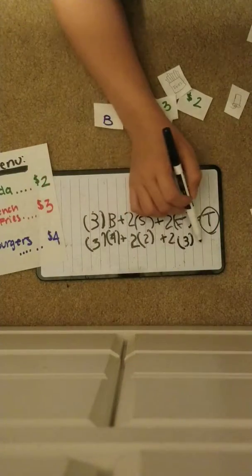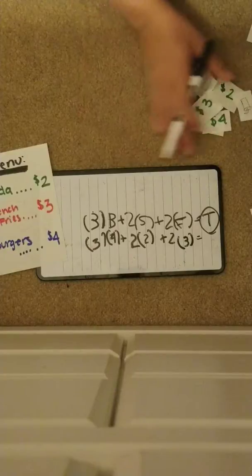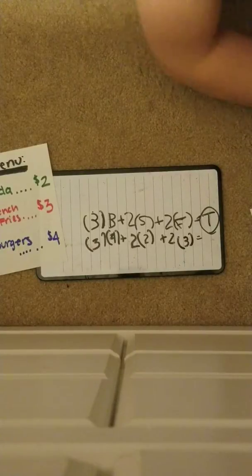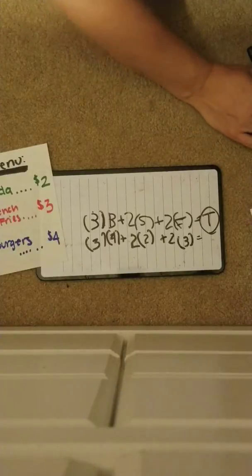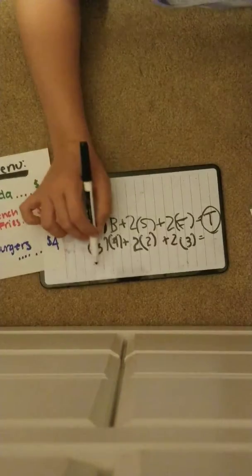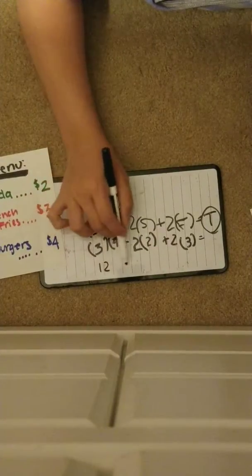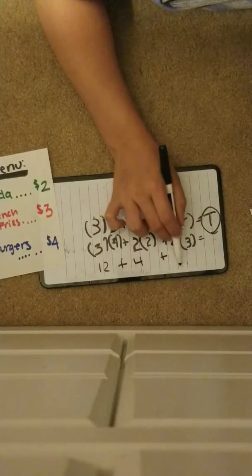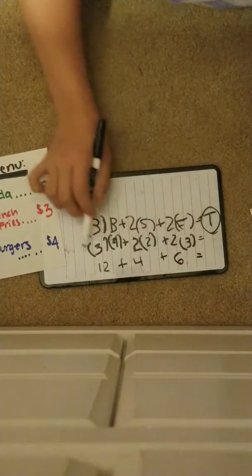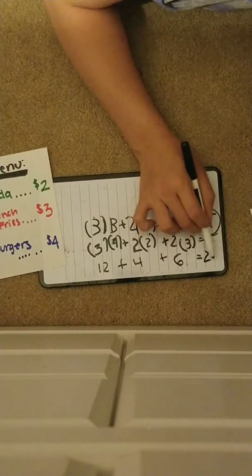And then that is the equation. So you fill in what you don't know with the number, with what is equal to the variable. So then 3 times 4 is 12. So you put 12 plus 2 times 2 is 4 plus 2 times 3 is 6. Then you add them all up and the bill would be $22.